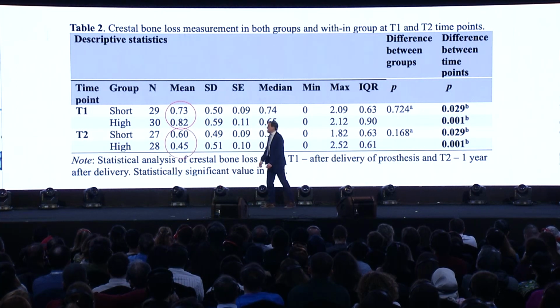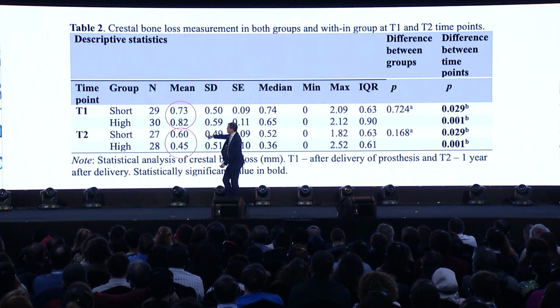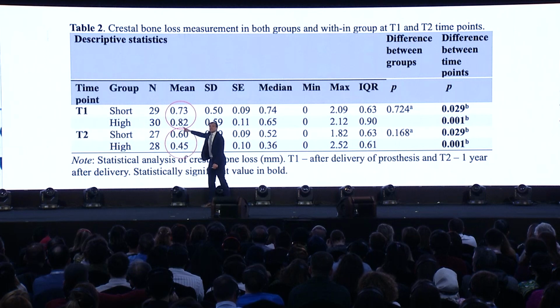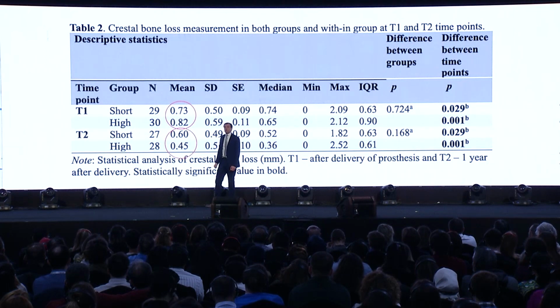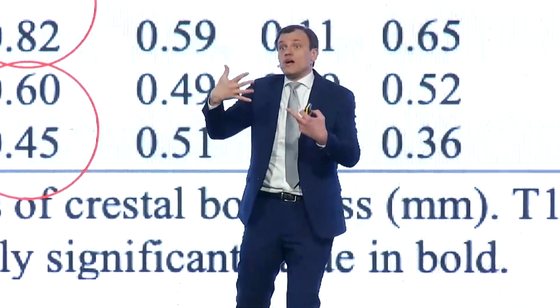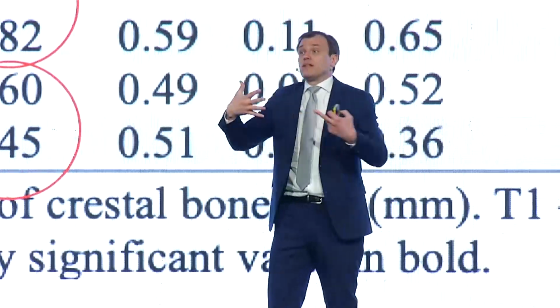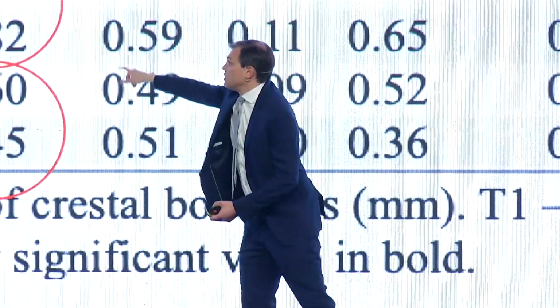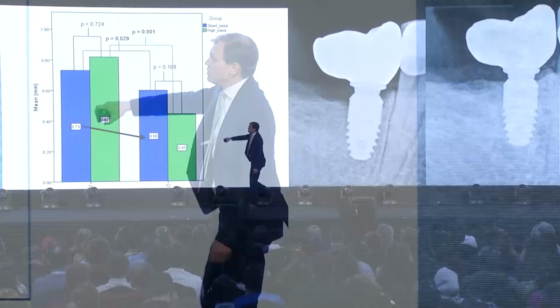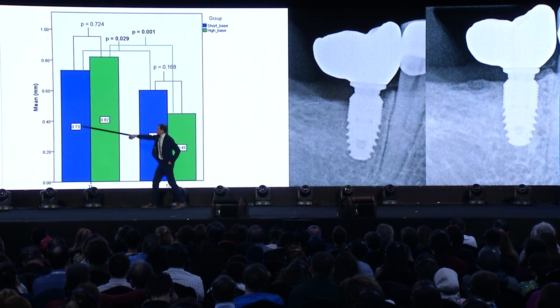However, after 1 year follow-up, you see in both groups we had a significant reduction of the bone loss. The bone, as you saw in the X-rays, sometimes really grew to close to the implant, and after 1 year follow-up that was significantly better. So first of all, let's take a look at this.